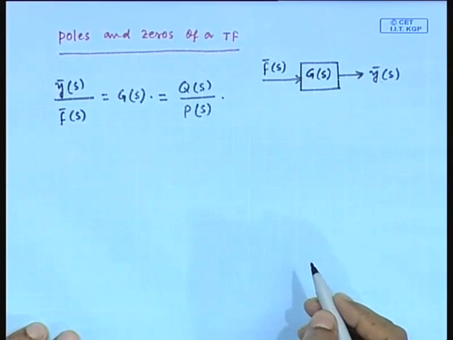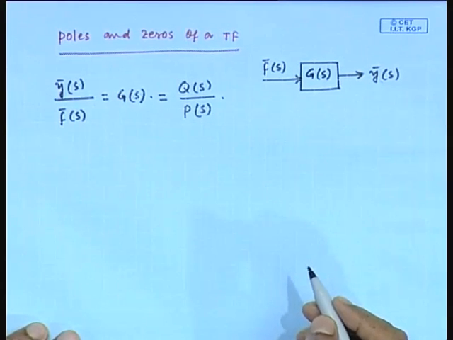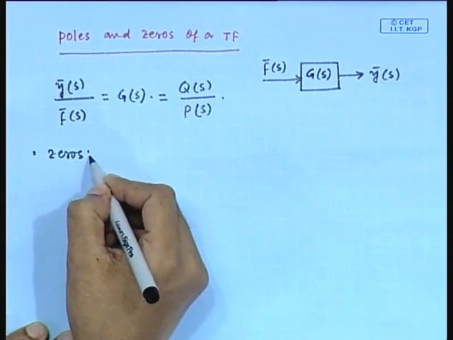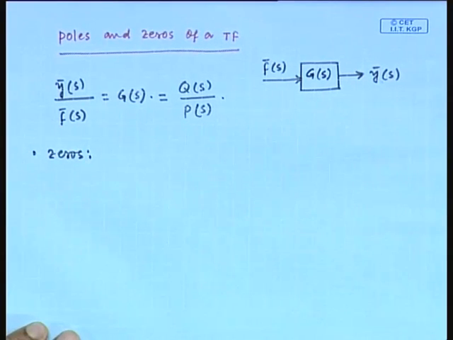Now, what is the zeros of a transfer function? Zeros. The roots of the polynomial Q(s) are the zeros of the transfer function or the system. If Q(s) is a polynomial, then the roots of the Q(s) are the zeros of the system.